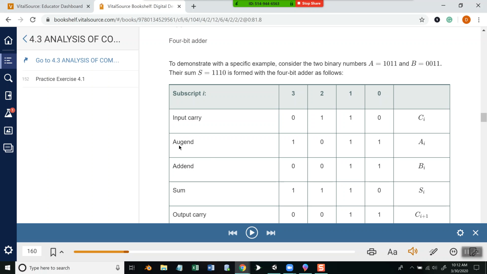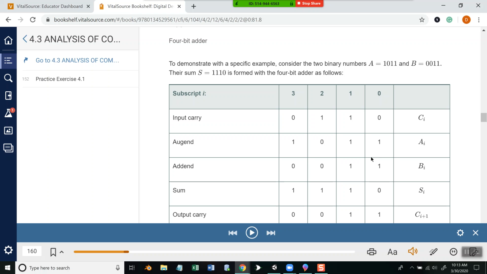You notice down here they refer to A as the augend, if I'm saying that right, it's been so long. 1011. They're referring to B, which is 0011, as the addend. And they got the labels right there.